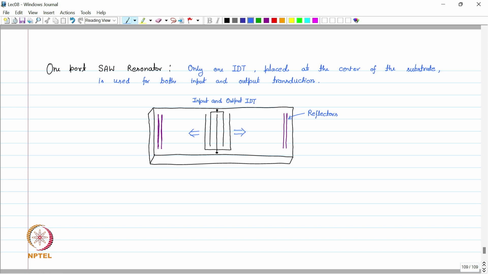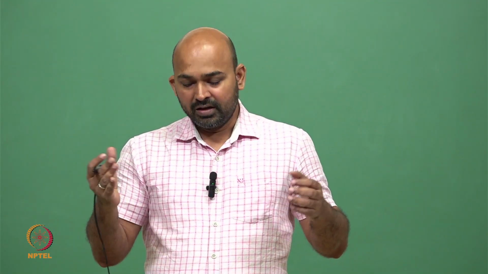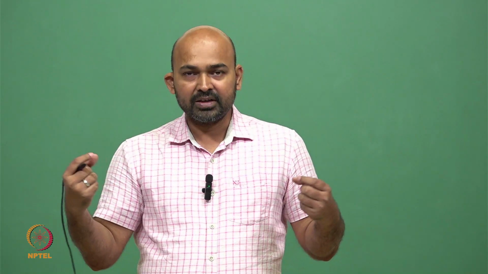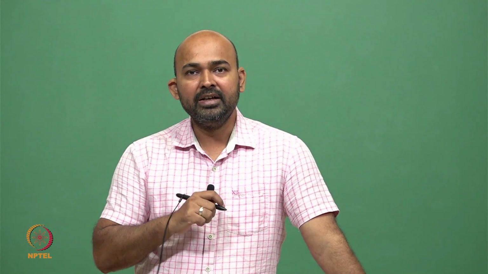So when we place these reflectors on both sides, the acoustic wave will travel from the IDT to the reflector, and at the reflector it will bounce back, its direction will change, and it will come back to the IDT.